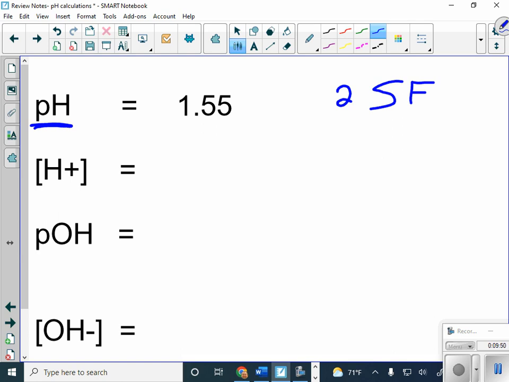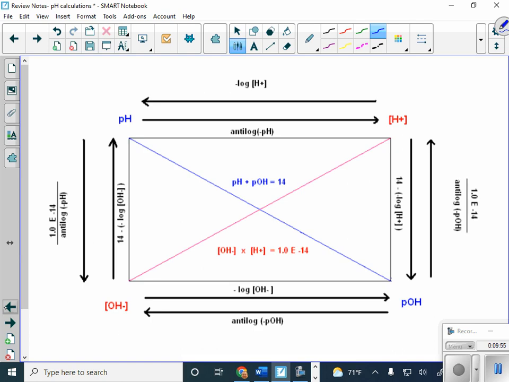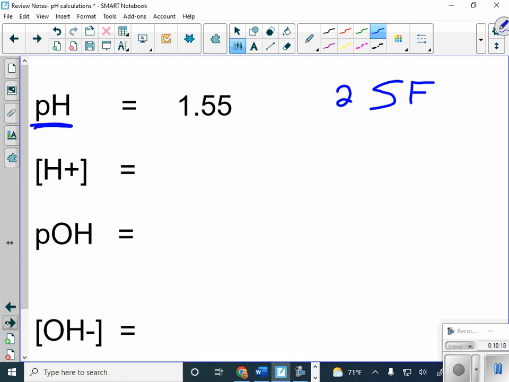Now, I need to find the hydrogen ion concentration. I have the pH given to me, and I want to find hydrogen ion concentration. Well, based on my pH calculation square, it tells me to use the antilog of the negative pH. So, my hydrogen ion concentration is the antilog of the negative pH.